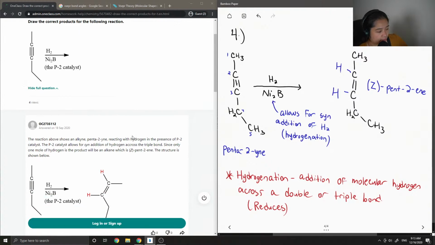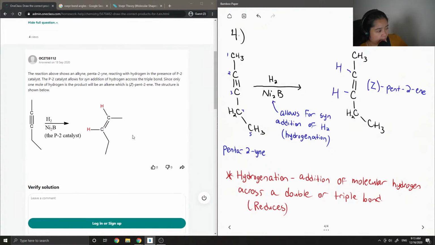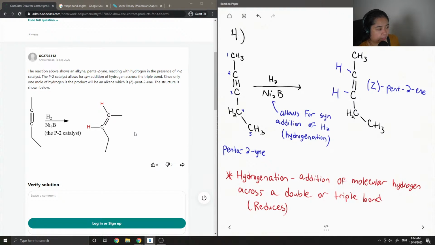Okay, so let's see what the junior tutor said. The reaction above shows an alkyne, pent-2-yne, reacting with hydrogen in the presence of P2 catalyst. The P2 catalyst allows for the syn addition of hydrogen across the triple bond.